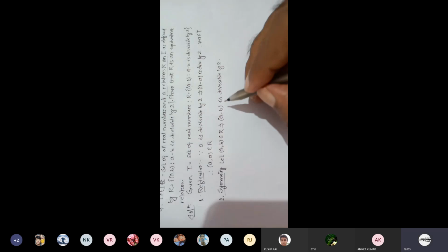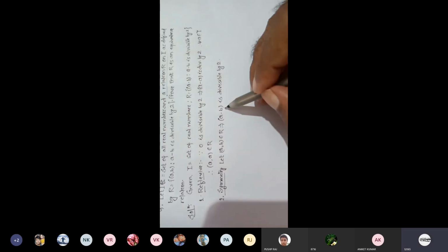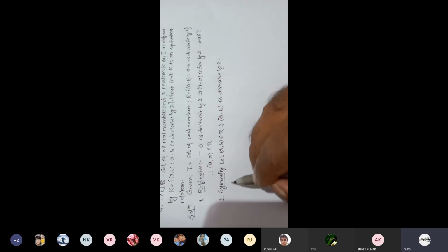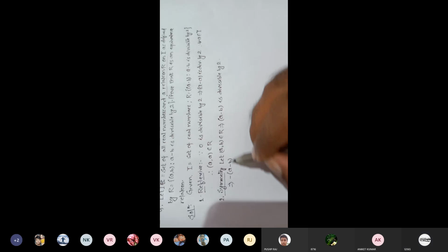When a number is divisible by 2, then its negative is also divisible by 2, or by any number. A minus B is divisible by 2, so its negative, minus A minus B, is also divisible by 2.